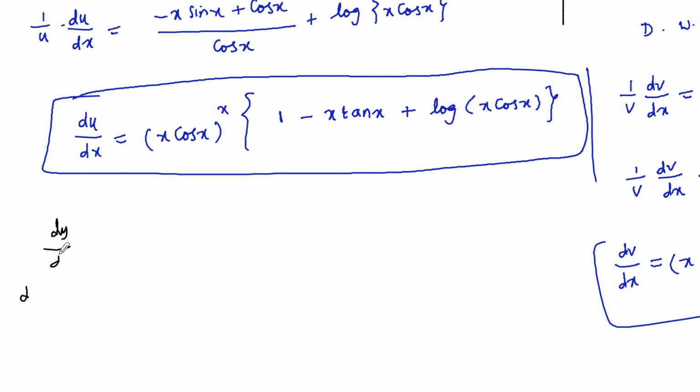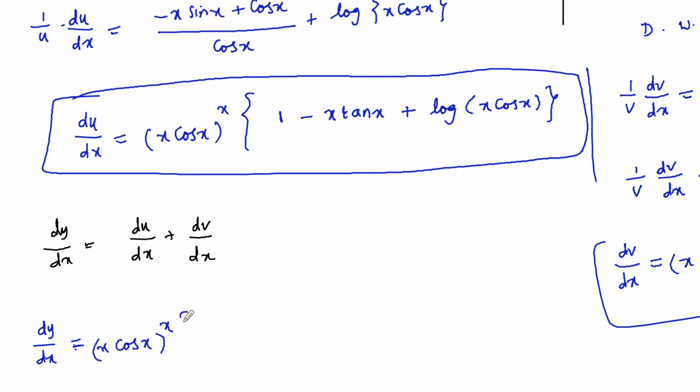So your dy by dx is equal to du by dx plus dv by dx. So we have dy by dx is equal to (x cos x) to the power of x times 1 minus x tan x plus log of x cos x, plus dv by dx value.